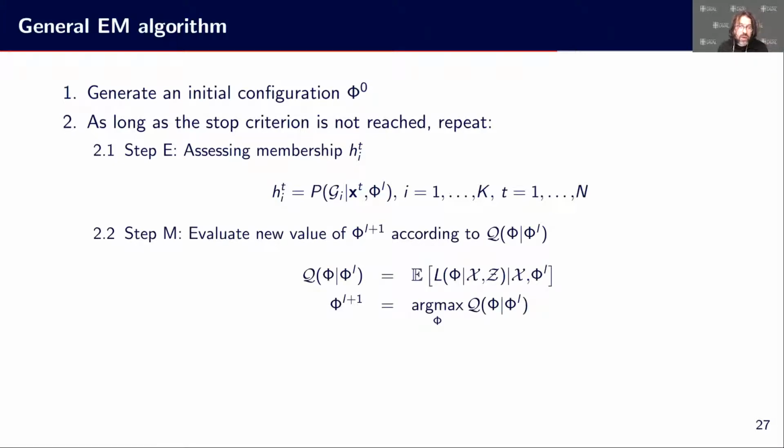So we reevaluate the values of the parameterization of our distributions. With the multivariate normal, it's the prior, mean vector, and covariance matrix for each group. We need to reevaluate it according to the Q function here, which is the expectation of the log likelihood.